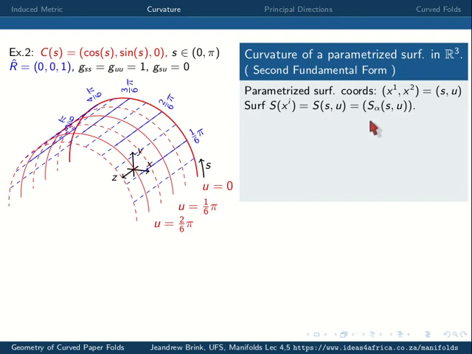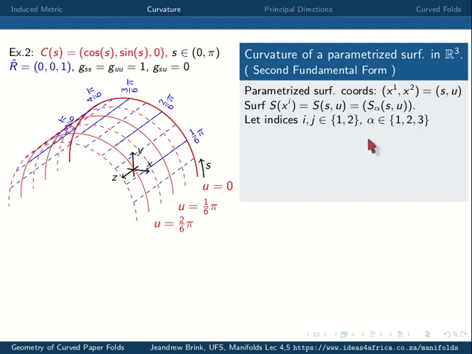Another way of representing it is just S, which is basically a 3-vector of x_i. So it depends on S of u, and the components of S I write like this: S alpha, S of u. This is exactly the same as I did in the previous slide, except that now the index i goes from 1 to 2 and alpha goes from 1 to 3.